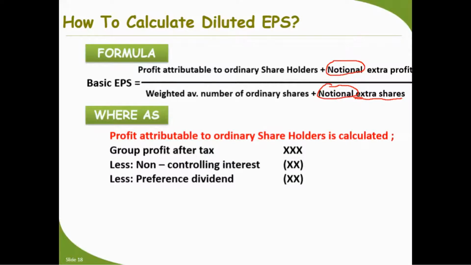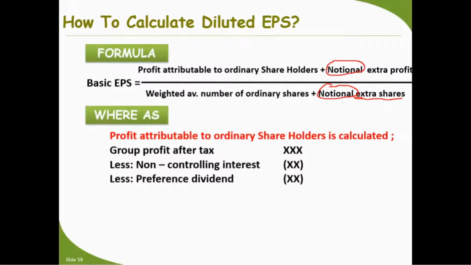That is notional extra shares. And what would be the extra profit by converting those instruments into shares? Because there would be a saving of finance cost or preference dividend cost. So in that case, we will add those.